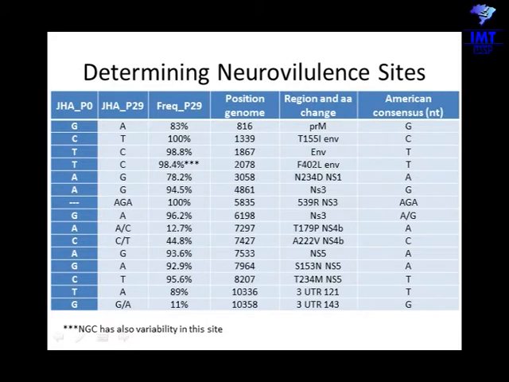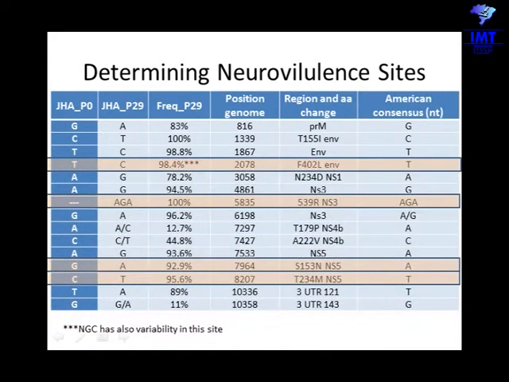The most important mutations are these, there, and here. Phenylalanine and leucine in position 402 in the envelope. That mutation appears in other dengue viruses.